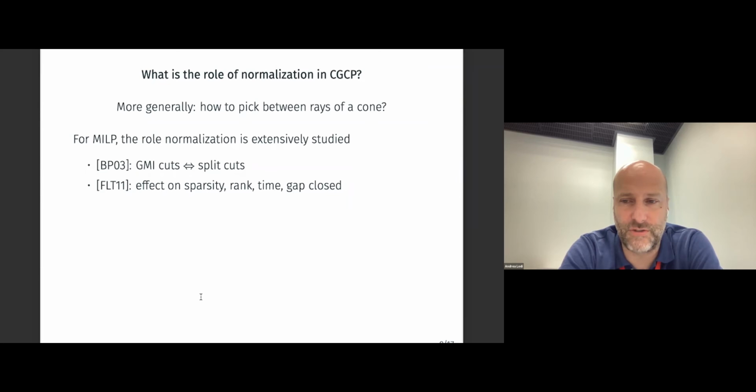On the theory side, there is a nice and very influential paper by Balas and Perregaard back in 2003, in which they show that the GMI cuts are actually split cuts. Every GMI cut is a split cut and is obtained by a particular normalization that leads to extreme solutions of the cut-generating LP. So GMIs can be mapped in the cut-generating LP depending on the particular normalization that you're using.